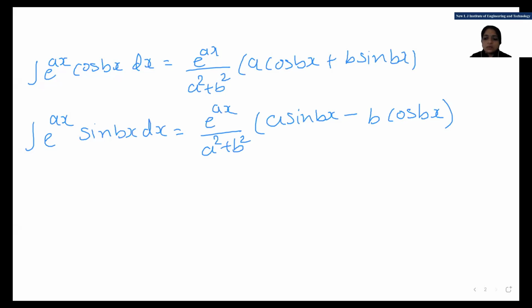So now with the help of this formula, we will move to one example, that is: find Fourier sine series. Find Fourier sine series, right? Find Fourier sine series.